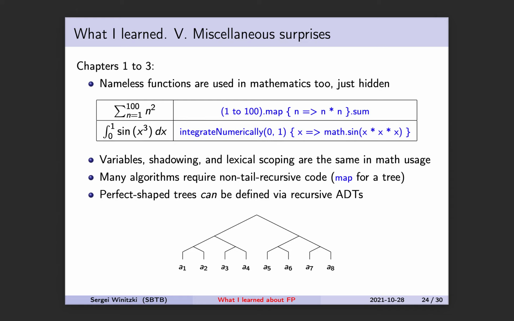As I was coding up different algorithms for data structures, I realized that a lot of those algorithms will not be tail recursive. So that is a problem of stack safety that needs to be addressed in some way, but I'm not addressing it in my book. It's an implementation detail that is very important.